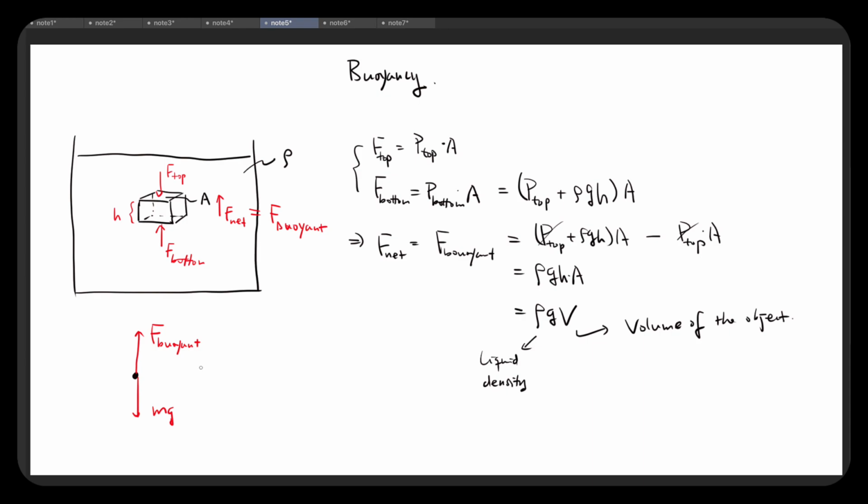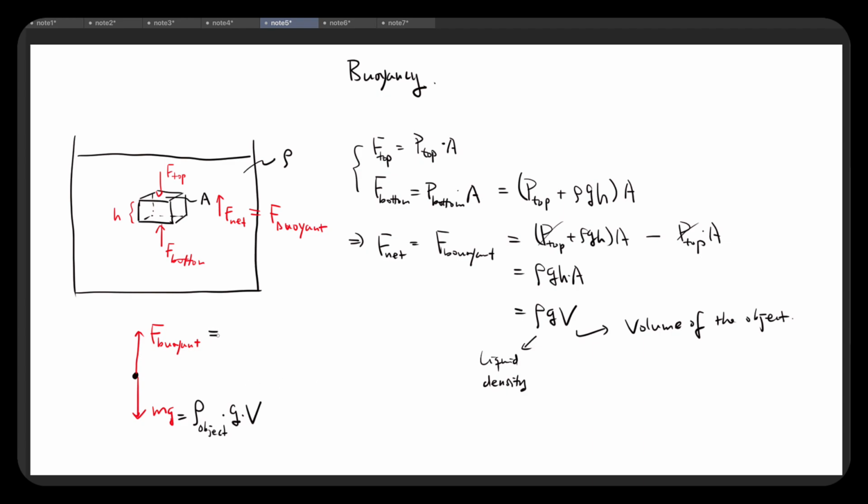Think about which one is bigger, the gravity or the buoyant force. That comparison will determine whether the object can float or sink. And the m here is the mass of the object, so we can rewrite it as rho object times g times V. V is the volume of the object.